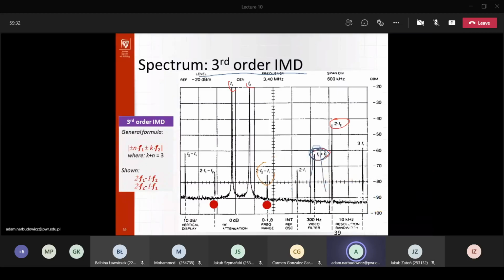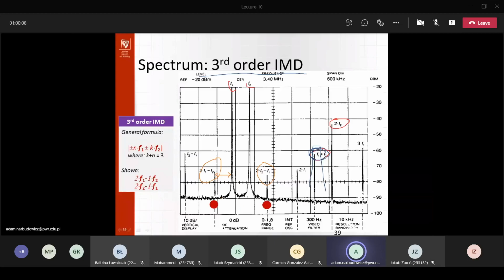Okay, so these two peaks, those are basically the third order intermodulation products. And you can see here that typically they are located very close to your useful signal, right? To be precise, they will be located at a frequency separation which is exactly the difference between the two signals that get into the intermodulation.